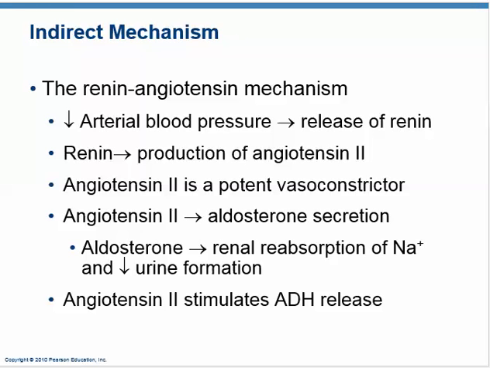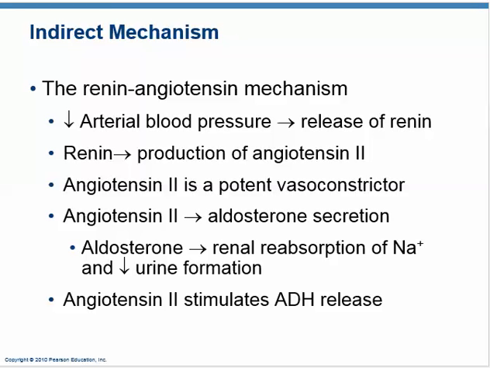The indirect method I've already alluded to. This is the renin-angiotensin. So decreased blood pressure means that the kidneys release renin. Renin causes the production of angiotensin 2. Angiotensin 2 vasoconstricts, and angiotensin 2 causes the adrenal gland to release aldosterone. Aldosterone causes you to reabsorb more sodium.